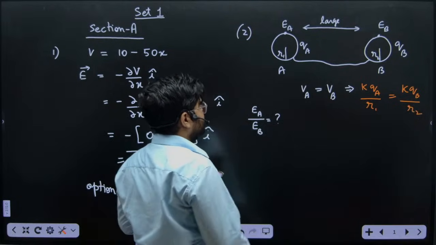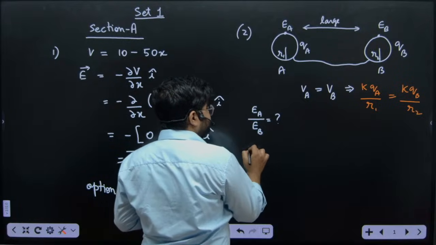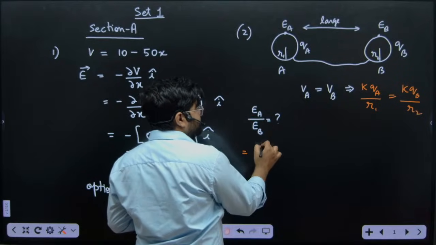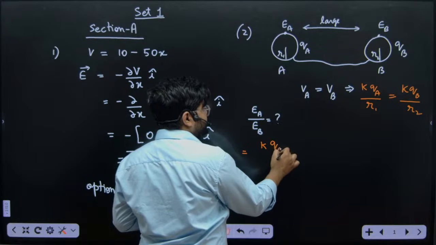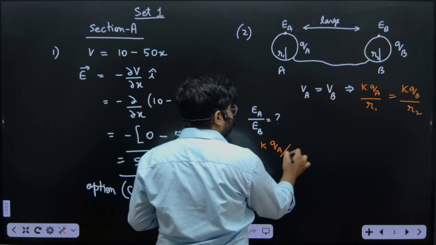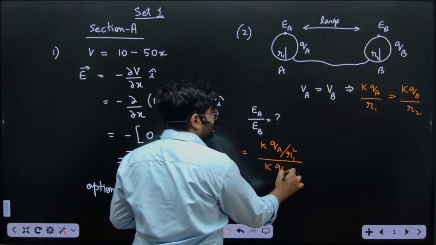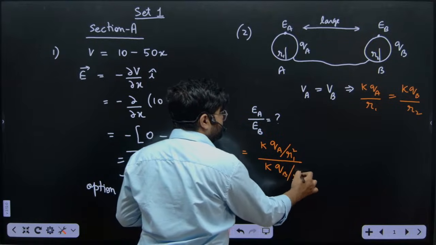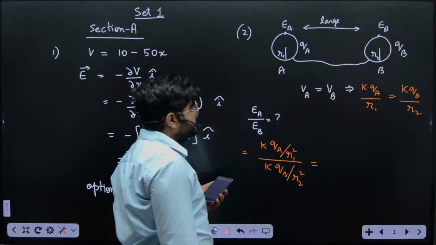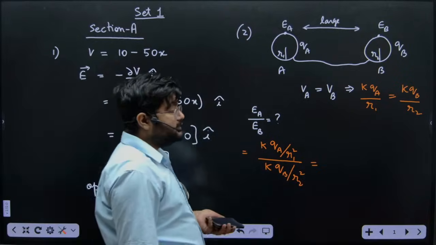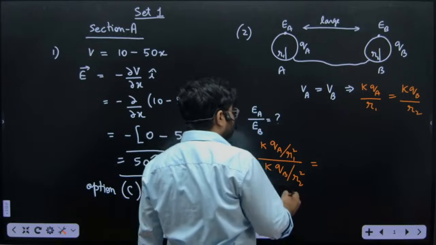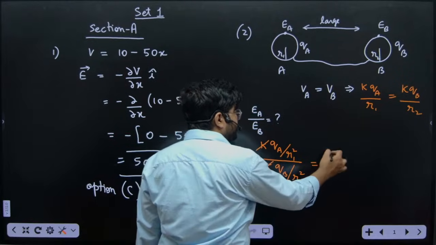And now what are the electric fields? The electric field will be K QA by R1 square, and here K QB by R2 square. We do not need QA and QB; we just need the answer in terms of R1 and R2. So I'm trying to eliminate QA and QB.